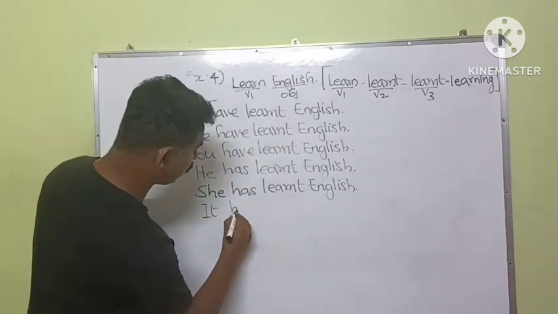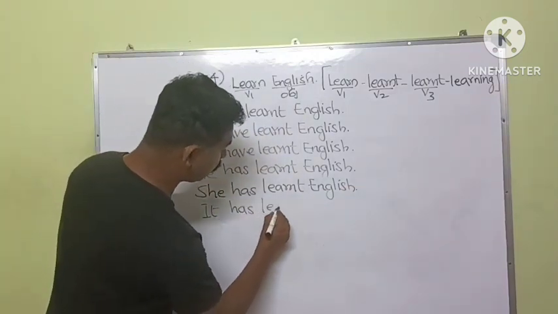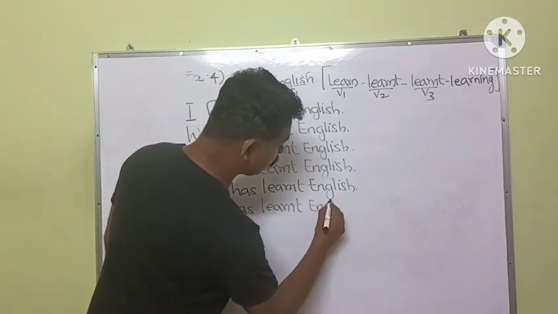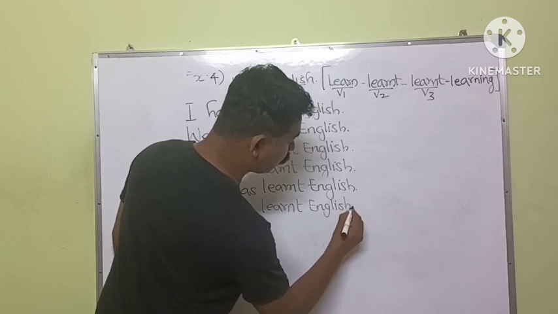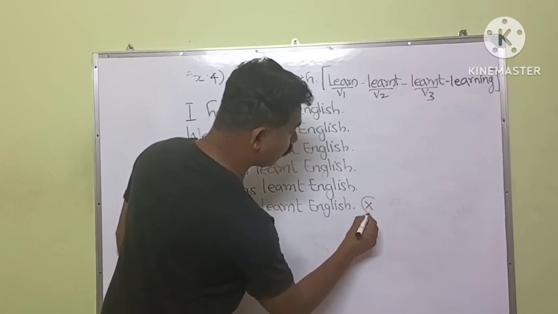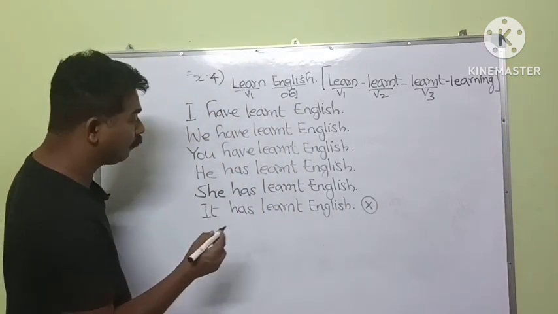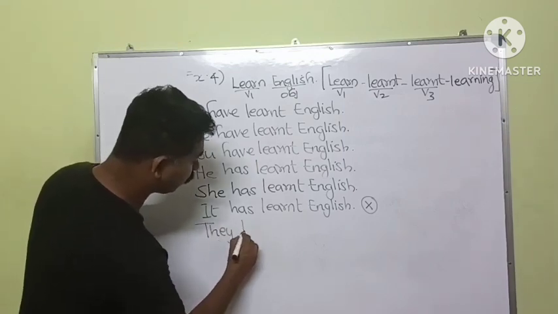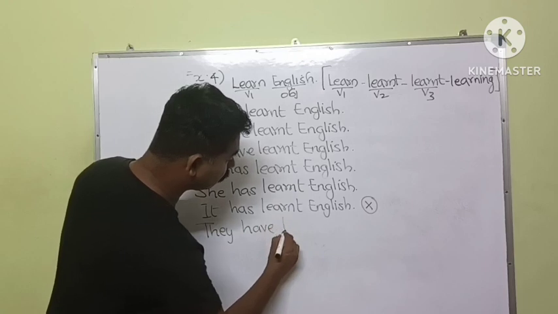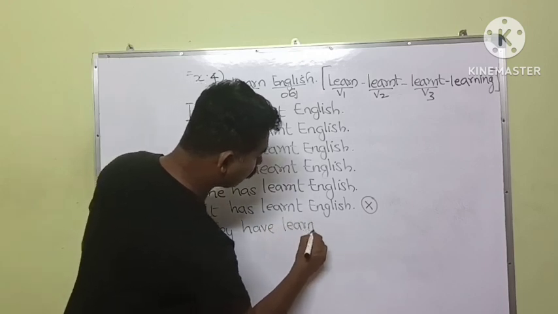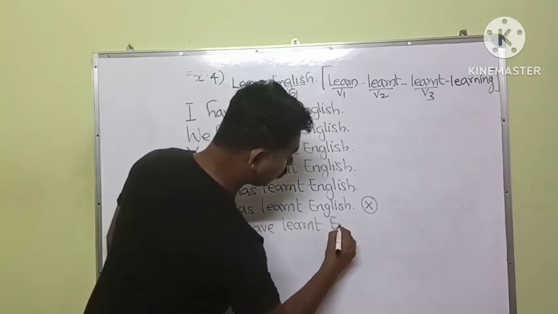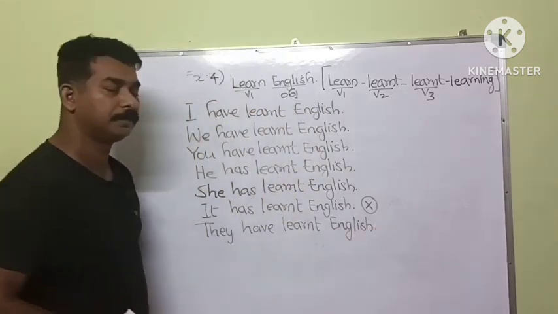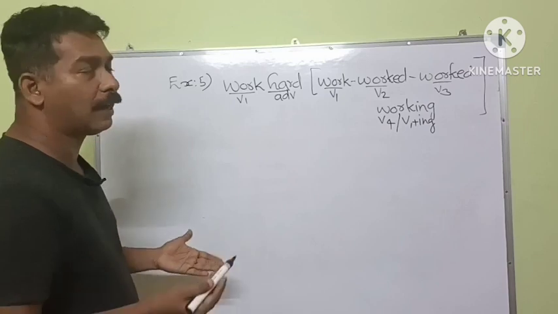It has learned English. Full stop. We must keep a mark like this because the sentence is not always meaningful. Last sentence, they have learned English. Full stop.